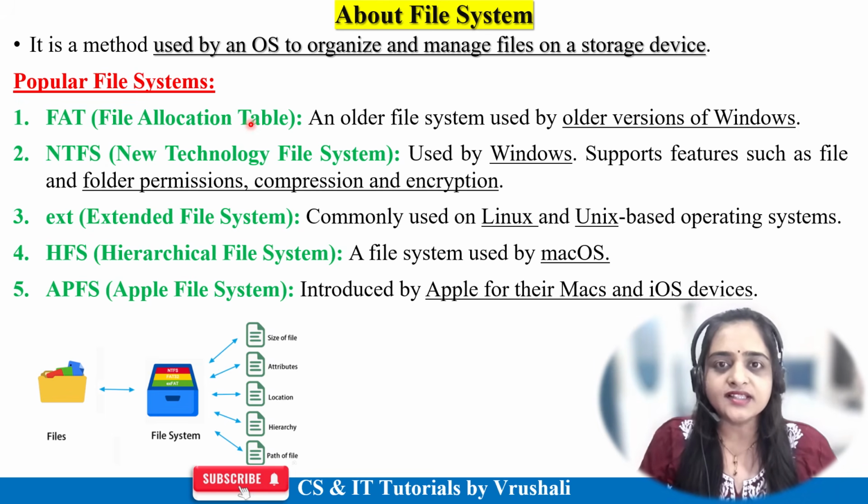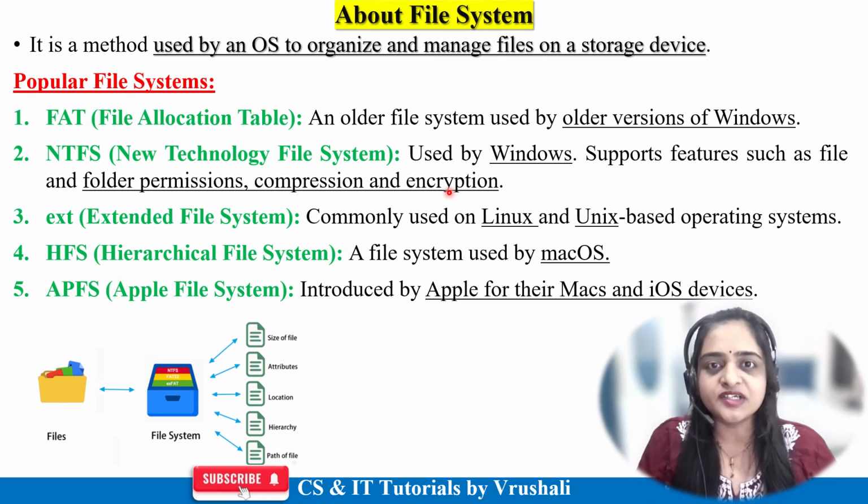This kind of file system structure was used in older versions of the Windows operating system like Windows 7. Nowadays, NTFS, that is new technology file system structure, is used. This structure is used by the Windows operating system. It supports different types of features like folder permissions, compressing a particular folder, then encryption and authentication, right? So for all these purposes, the new technology file system structure is used in the Windows operating system.